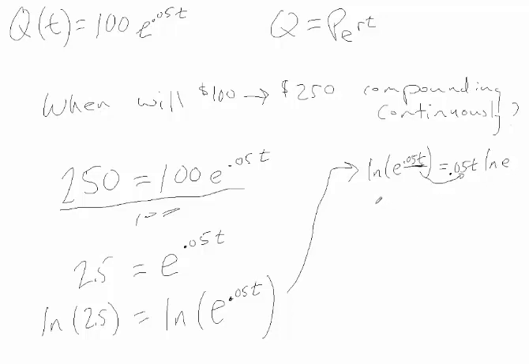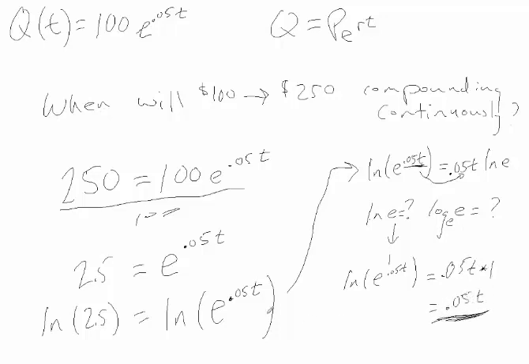So what is ln e? Well, that's what exponent do I raise e to? ln is log base e. What's log base e of e? What power do I raise e to get e? Well, that's just 1. So ln of e to the 0.05t becomes 0.05t times 1, or just 0.05t.